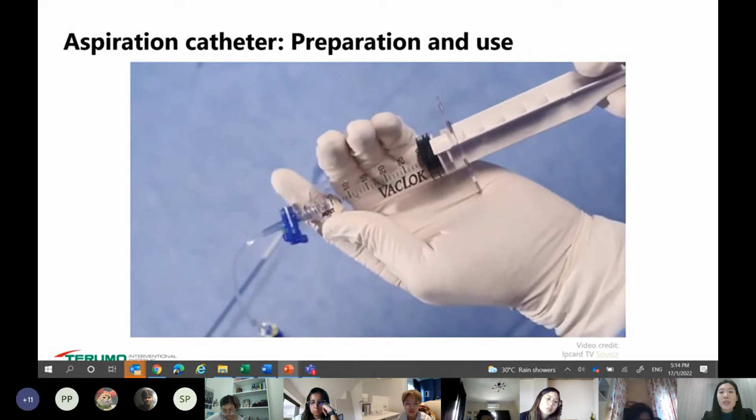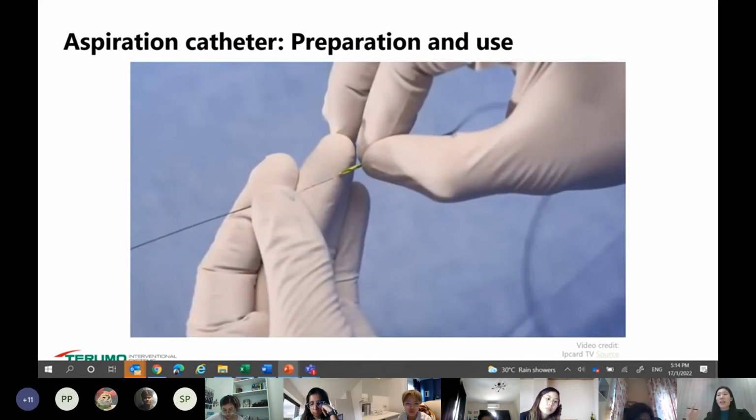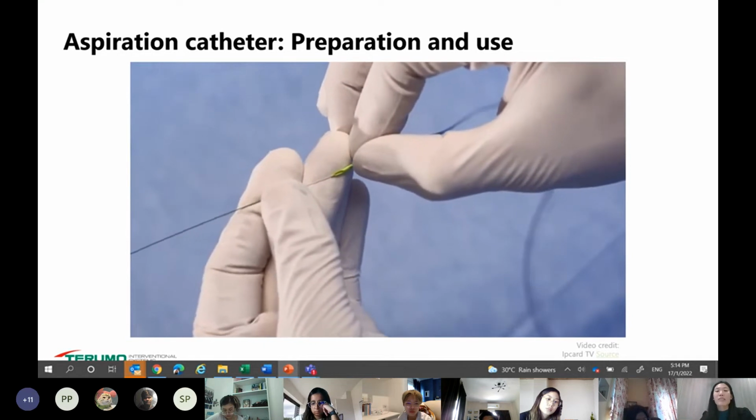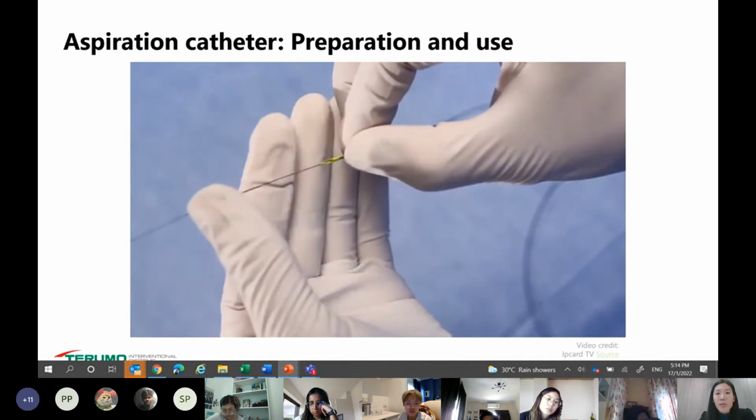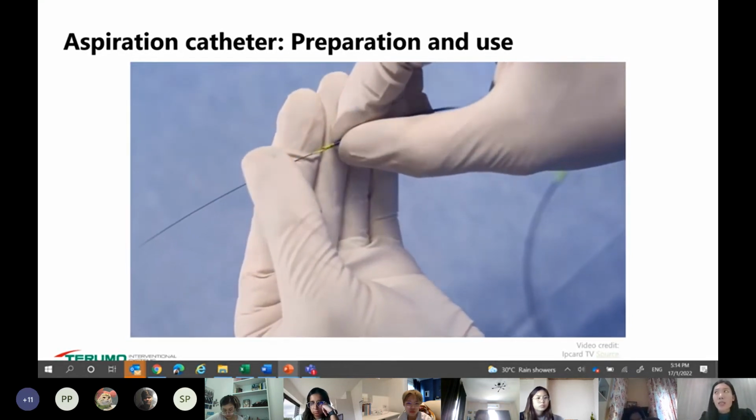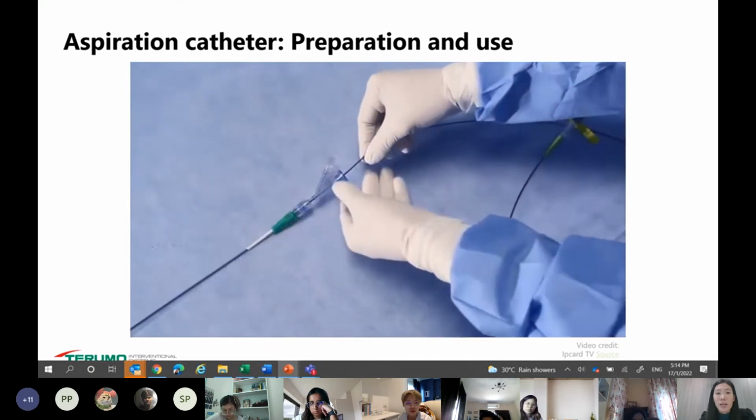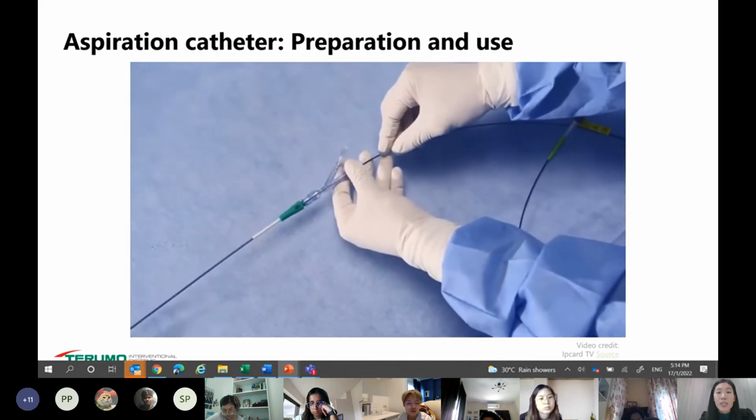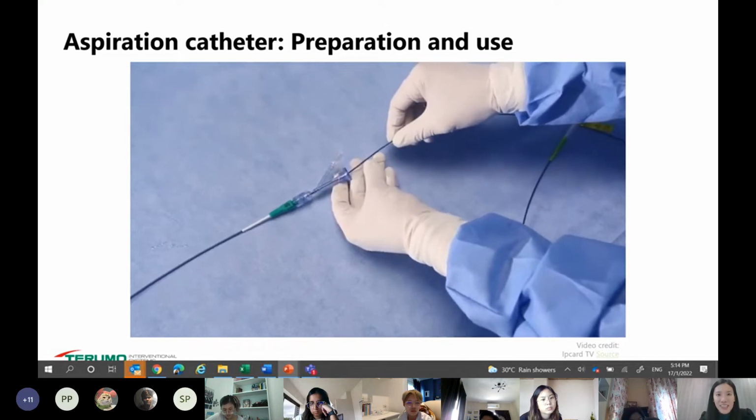Now this is how they create the vacuum. They pull back empty air, right? They pull back, that causes a negative pressure. Now they will backload the guide wire into the catheter and then load it into the guiding catheter.